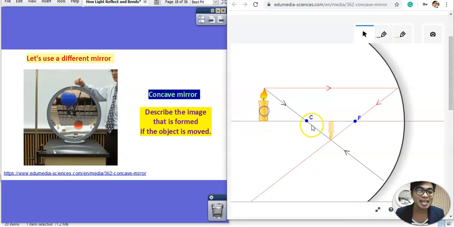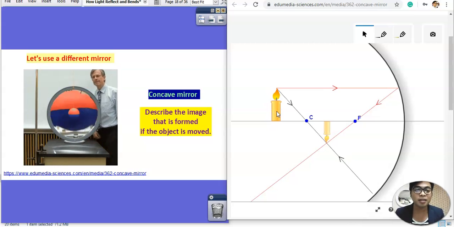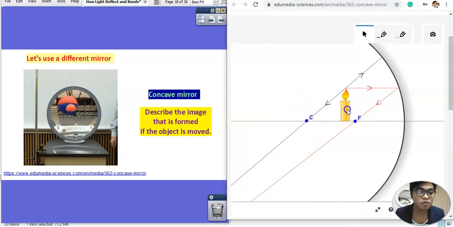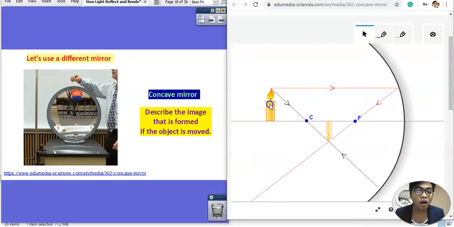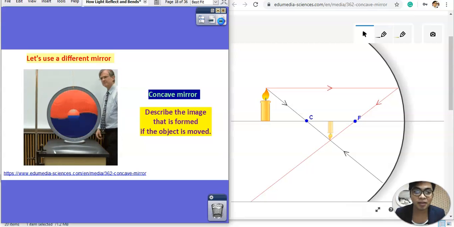The letter C here is the curvature point, and the letter F here is the focal point. So just hang on with those words. It's not important at this moment, but these are just the points at which we move the object, okay? Later on, I'm gonna ask you what happens to the image. So please prepare your notes and take down the different things that are happening right over here, okay?